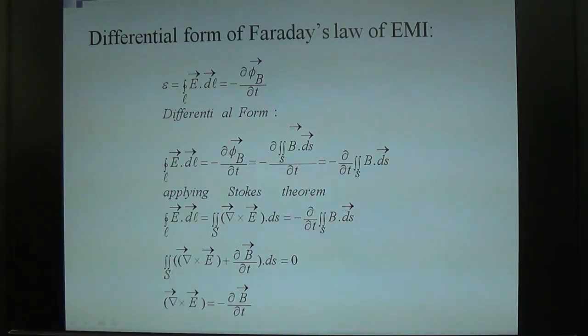Now one more point here: this is the open surface integral of B dot ds. Let me say that this is a circular coil through which the magnetic field passes, right? So here what is constant? Is the magnetic field constant, or is the area of this coil constant? Obviously the area of the coil is constant, B is variable, right? So the differentiation of B with respect to time, the varying magnetic field, you have observed here.